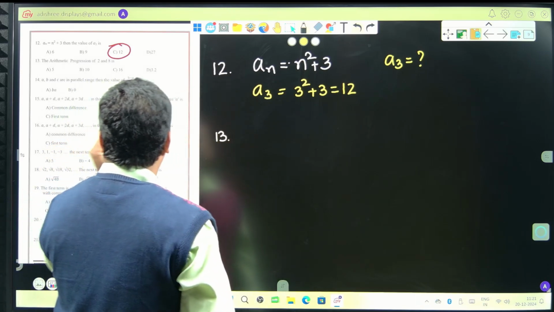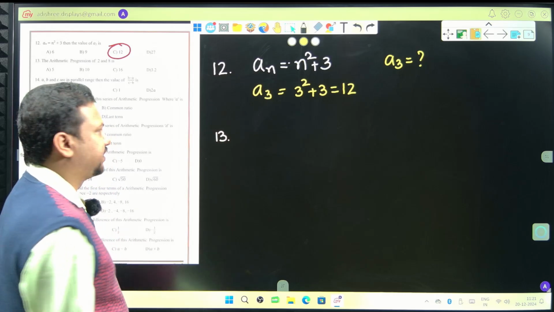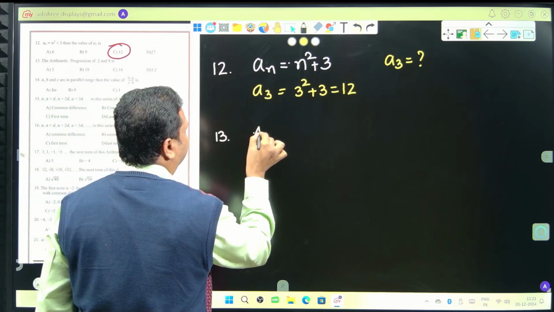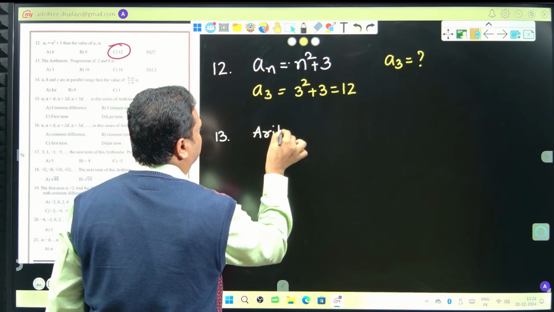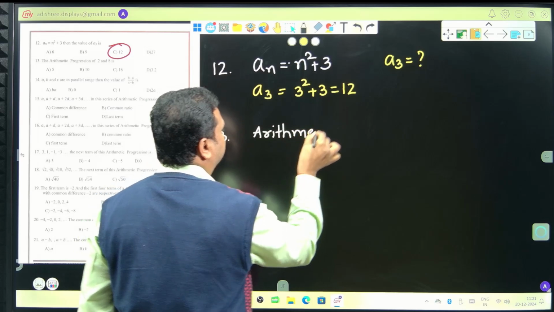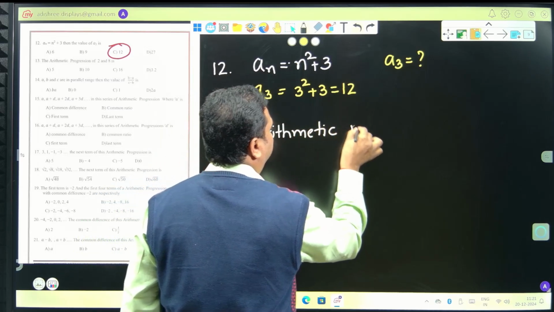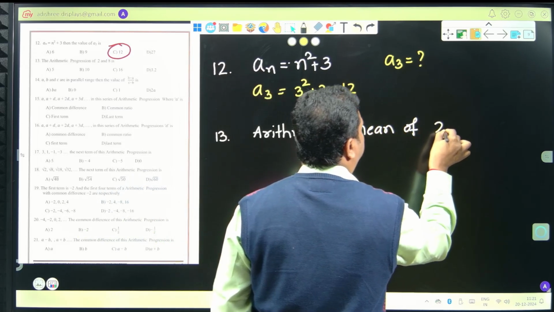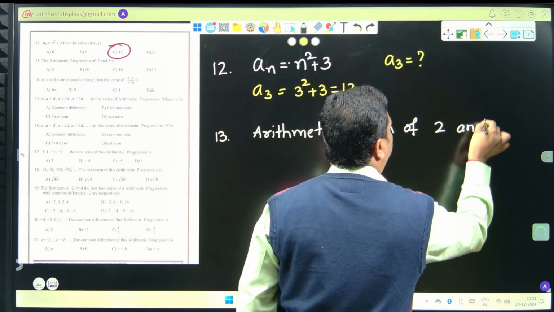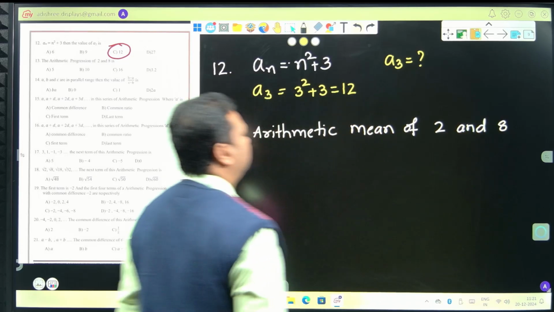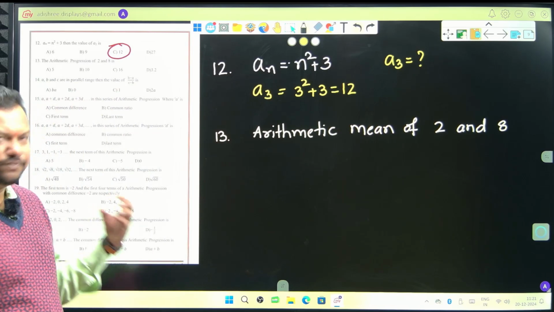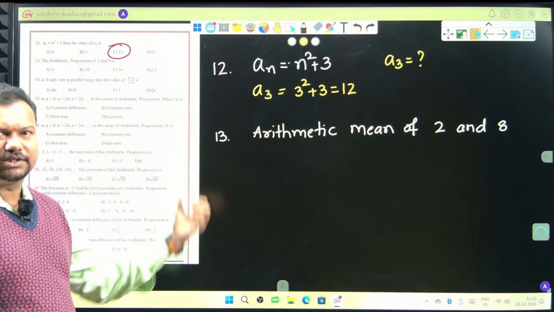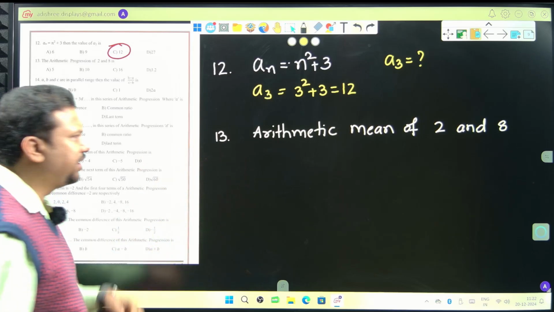The arithmetic mean of 2 and 8 is, right? If you consider 2 and 8 are in arithmetic progression such that there exists one number in between, that is the meaning of that.